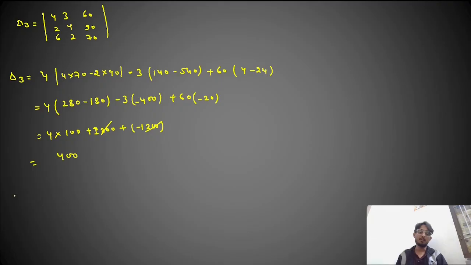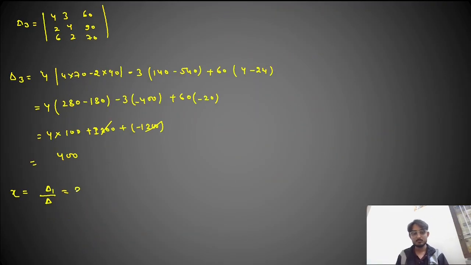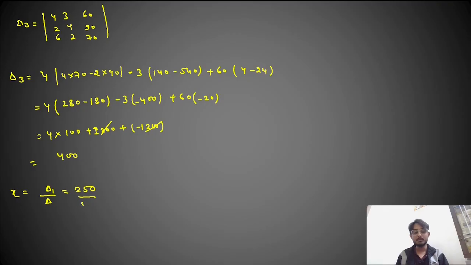So now you can find the value of x. x equal to delta 1 upon delta. What is delta 1? Delta 1 equal to 250. And what is delta? Delta equal to 50. So when you divide 250 by 50, you will get 5. What is the value of y? y equal to delta 2 upon delta.